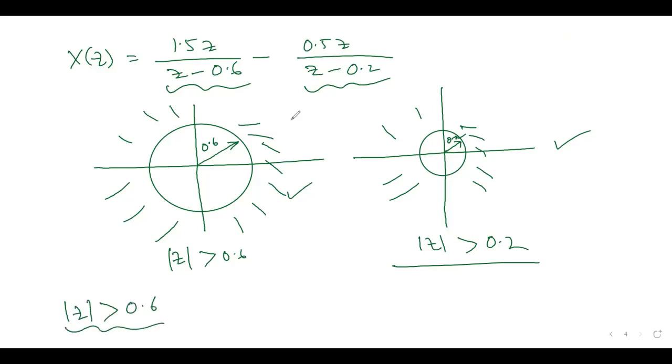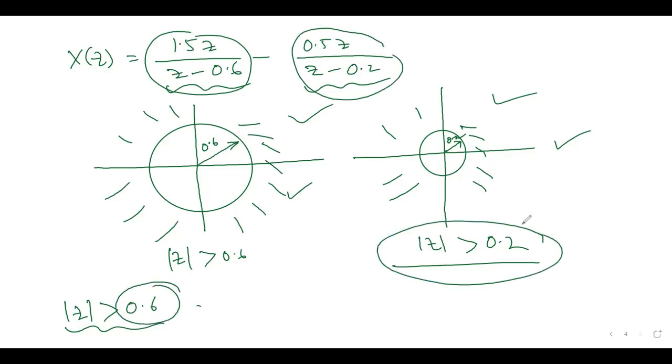That means both these two conditions are satisfied. So this should be a right hand side signal, and the ROC 0.6 satisfies this condition. Together, we can say our region of convergence is greater than 0.6. Is it clear?